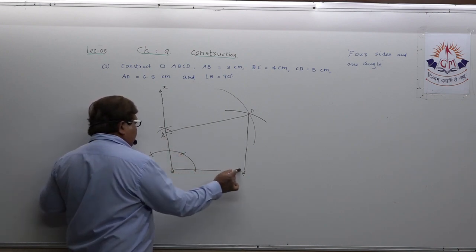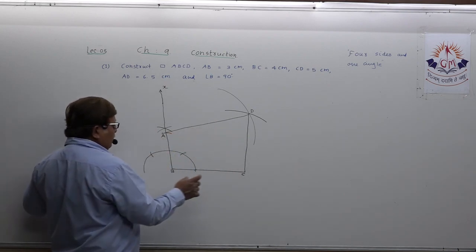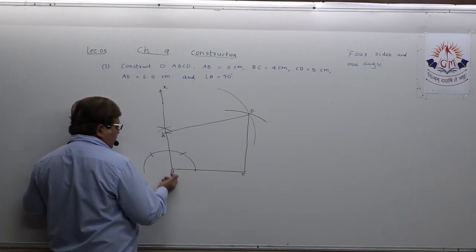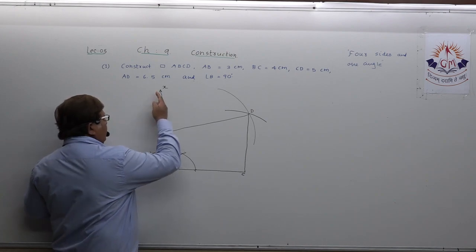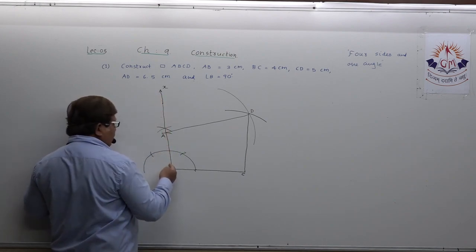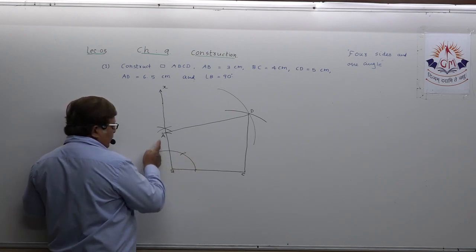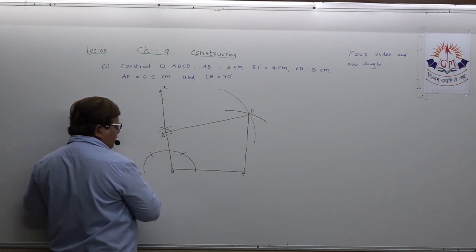What we have done, first BC of 4 centimeter, then we have constructed ray BX to realize the angle of 90° here. Then taking radius of 3 centimeter, we intersected it, point A we got.